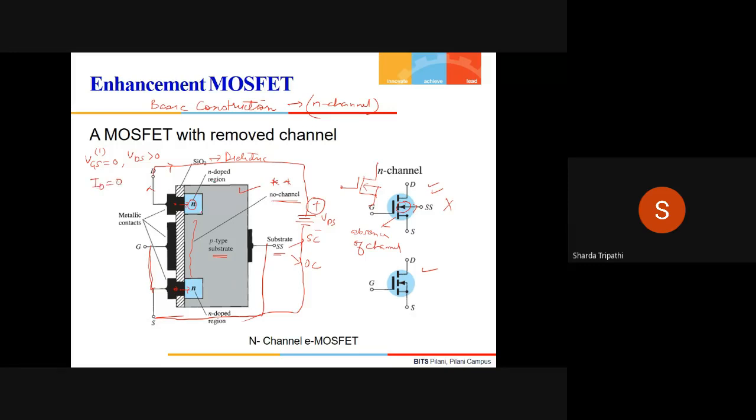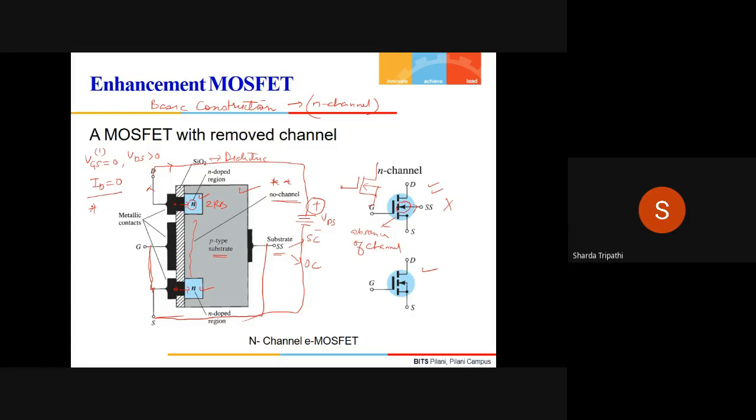Because there is no channel, it will be like this device just consists of 2 reverse bias PN junctions. First is this one and other is this one. And since there is no path connecting these 2 N type regions, no current is able to flow through this device. So in this case, we have the drain current equal to 0.